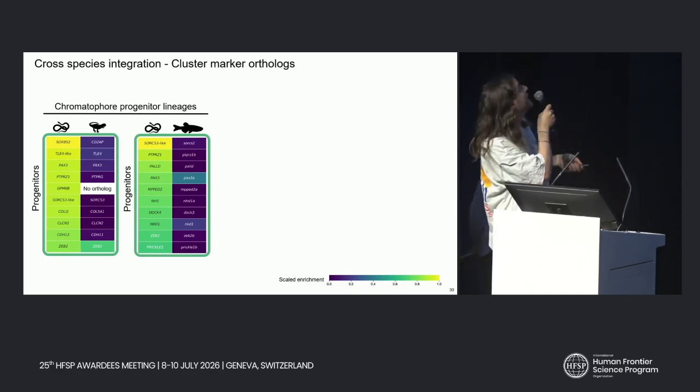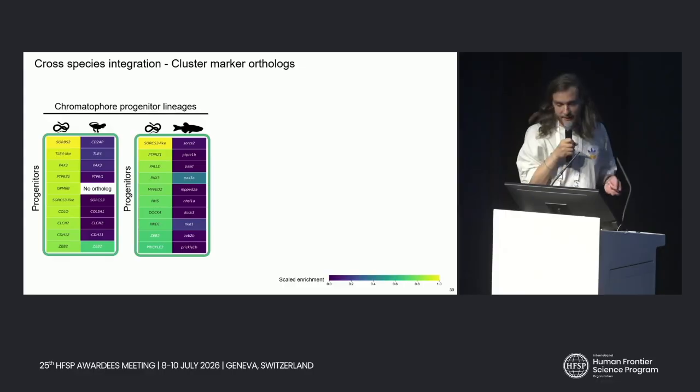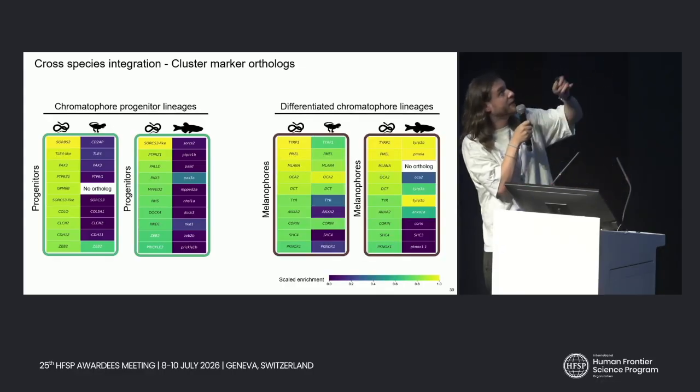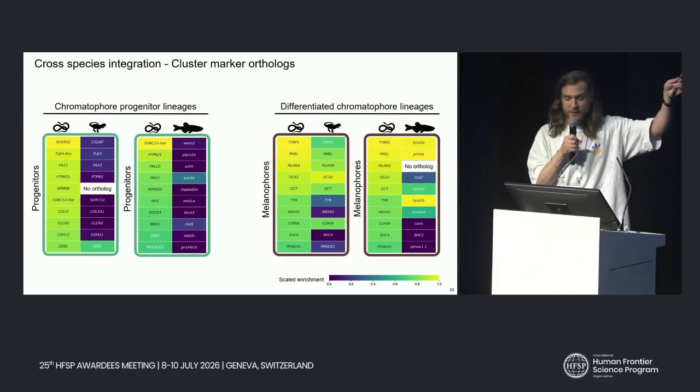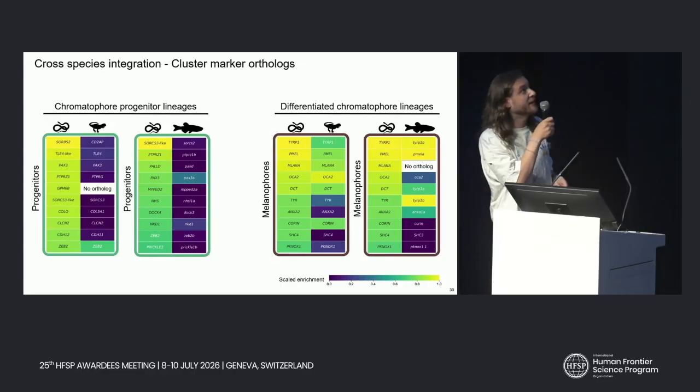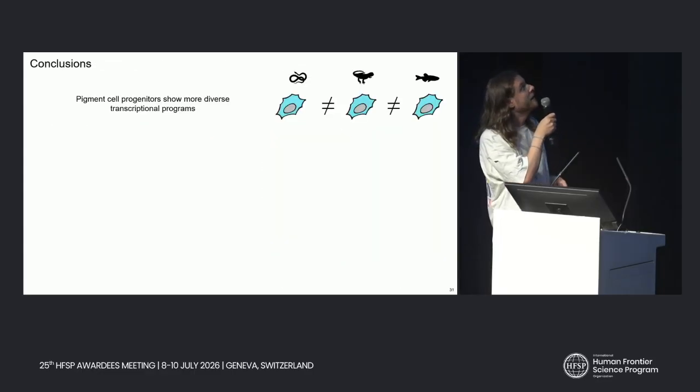We can see that we have poor expression of the orthologs in the zebrafish and bearded dragon, but for the melanophores, it's very different. We have all the melanin biosynthesis genes enriched in comparisons with both species.